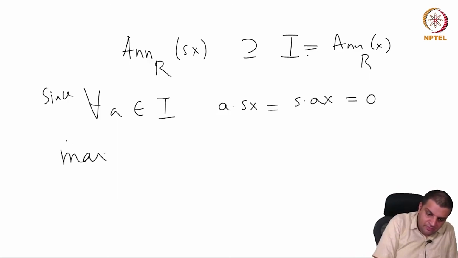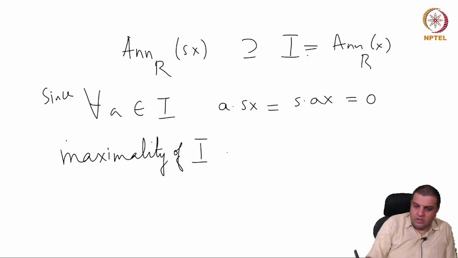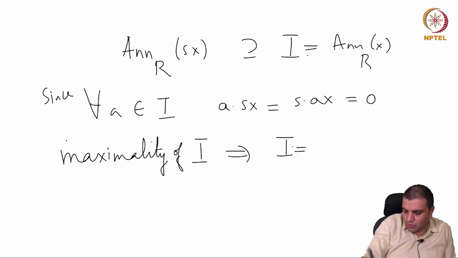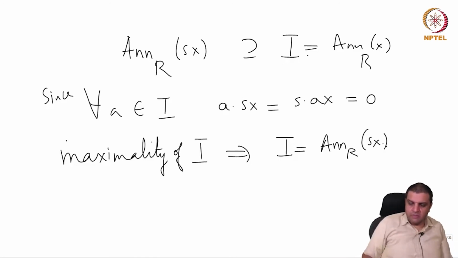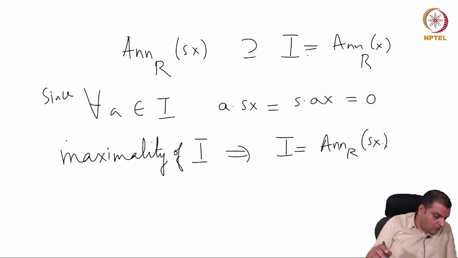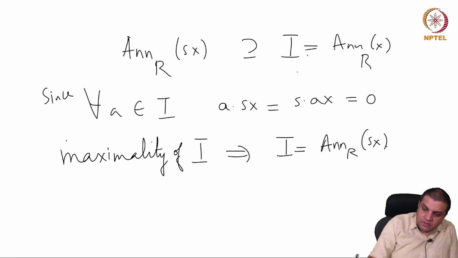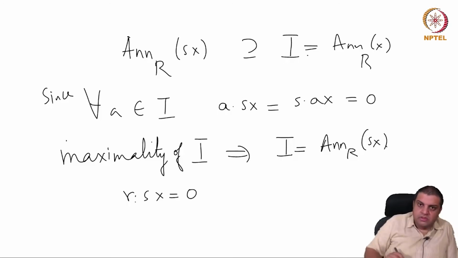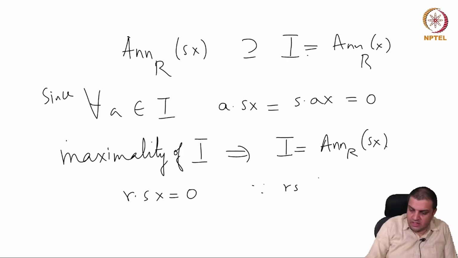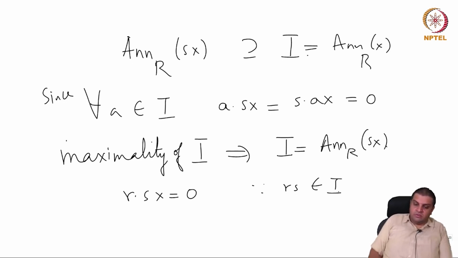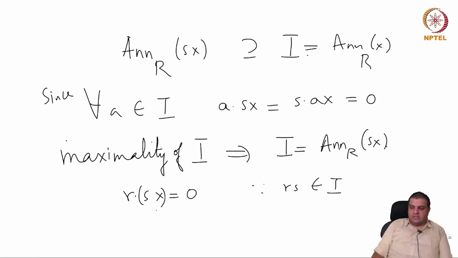Maximality of I implies that I is equal to the annihilator of sx. On the other hand, r times sx is also 0, because rs is inside I. So r times sx is 0.